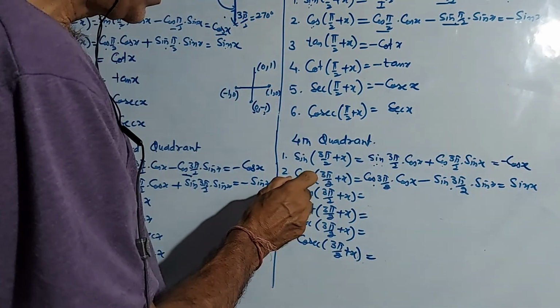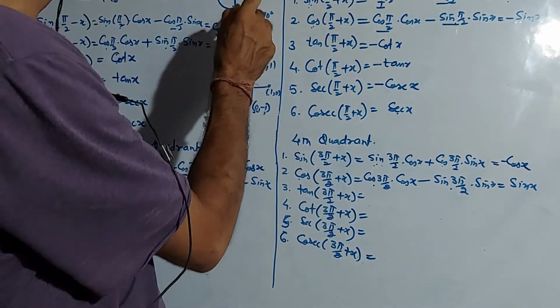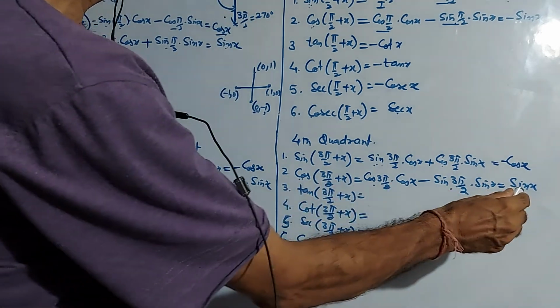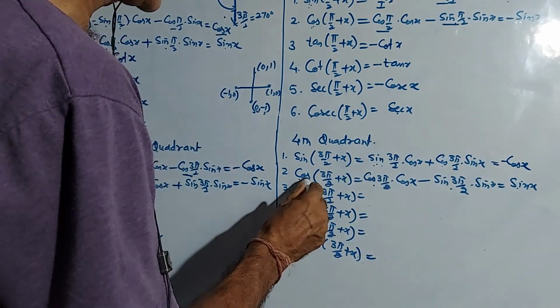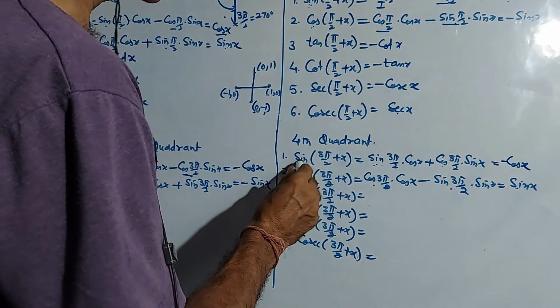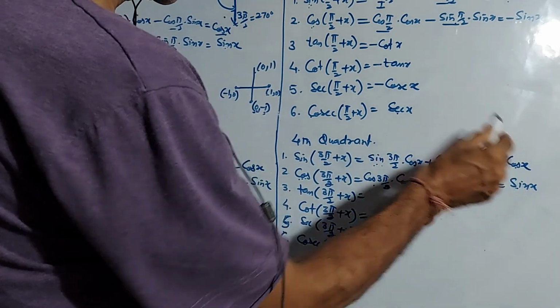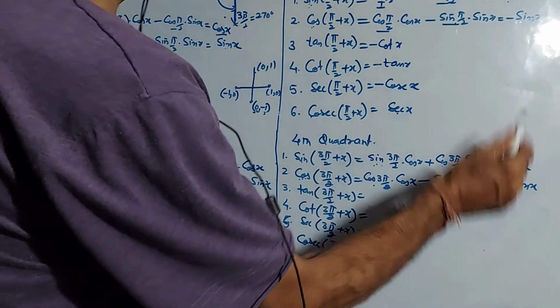Here in the fourth quadrant, cos is positive and cos is changed to sine. Sine is changed to cos, but the sine value is negative.